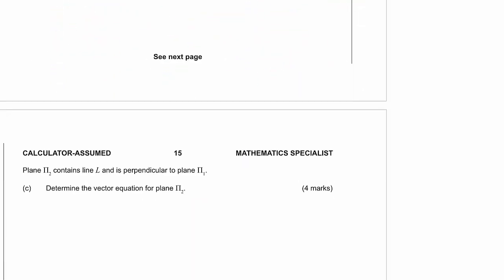So what's next on this question? Plane pi 2 contains the line L and is perpendicular to plane pi 1. Determine the vector equation for plane pi 2. So if this is the plane pi 2, we know the line L is in it.